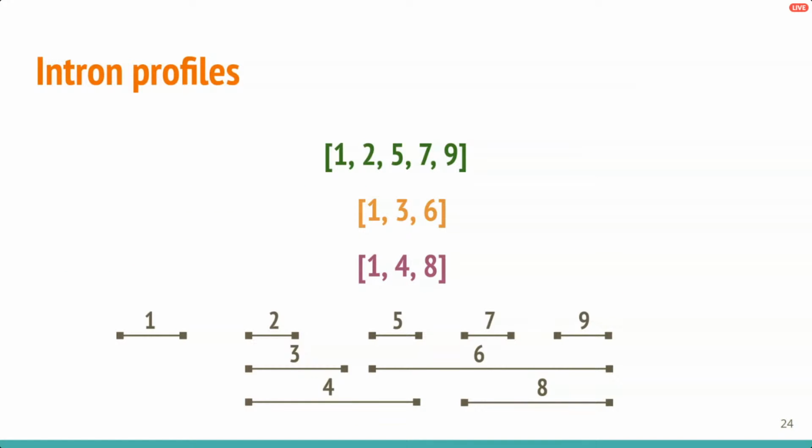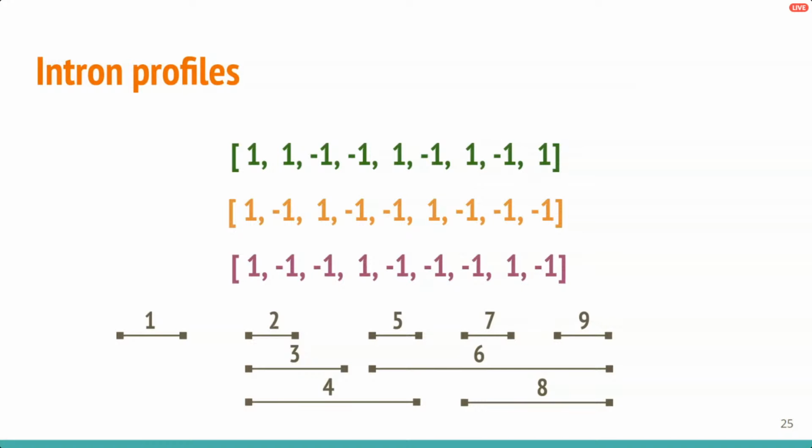To make it even more convenient, we convert it to a vector of a fixed size. The size is the number of introns. We put 1 if this intron is included in our isoform, and we set -1 at the position where the intron is absent.